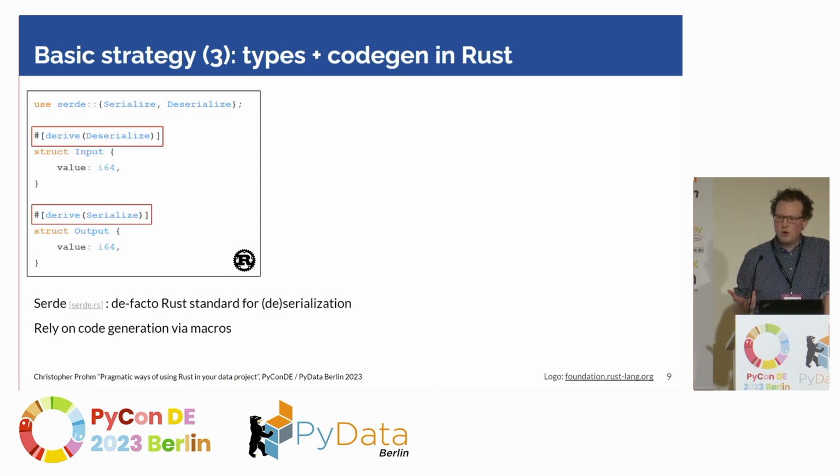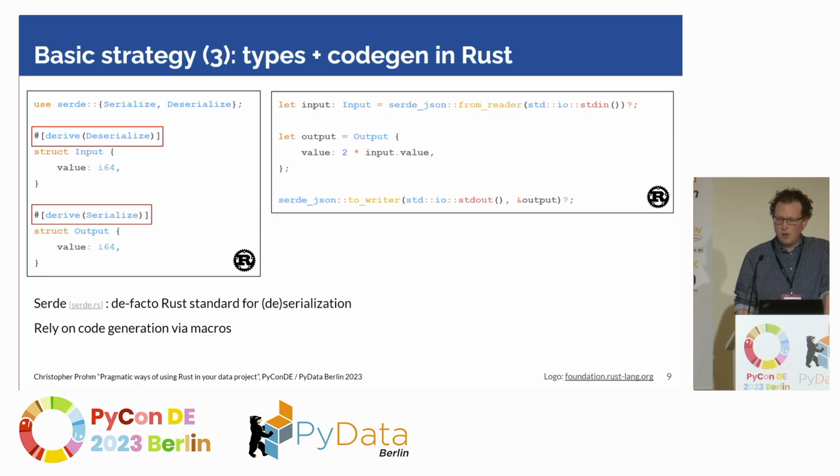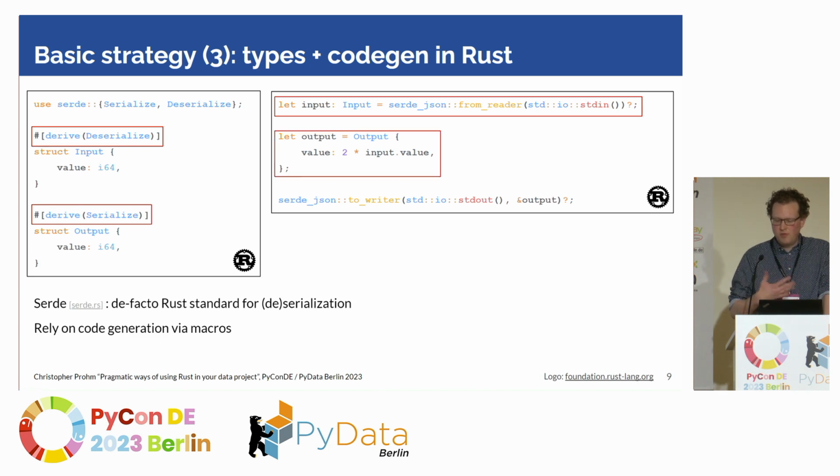And again, all the code that takes care of converting from JSON to your types and back again is generated for you. And then if you want to implement this number doubling interface, what you can do is read from standard in and then build your Rust object out. Then you perform the operation, in this case doubling the number, and then write it back out to standard out. That's it.